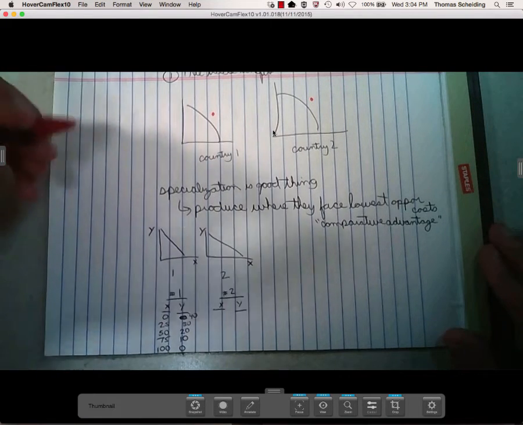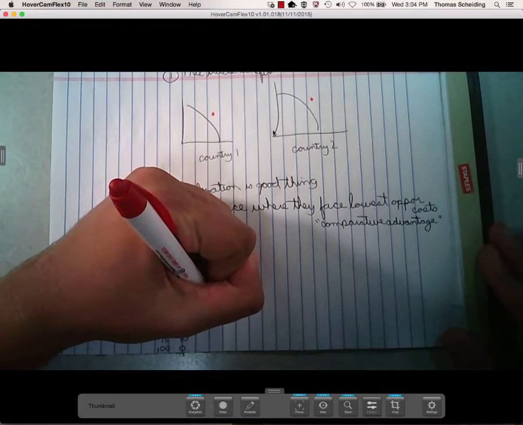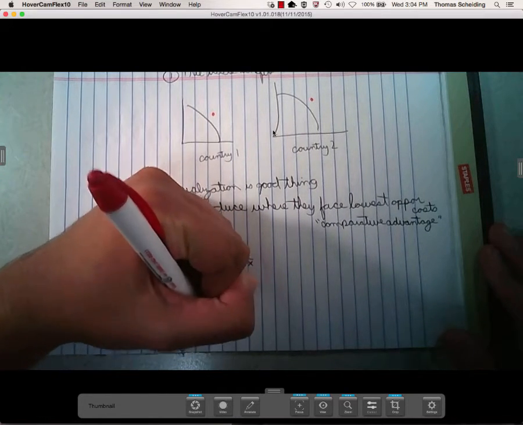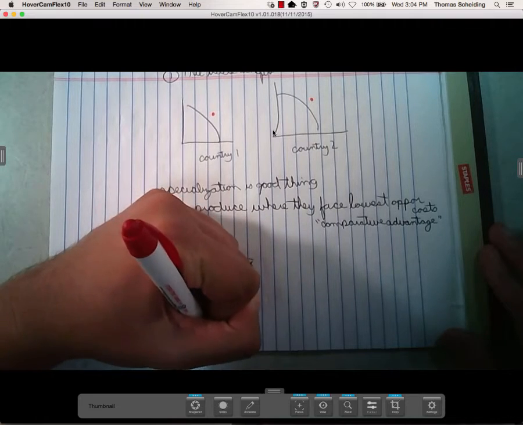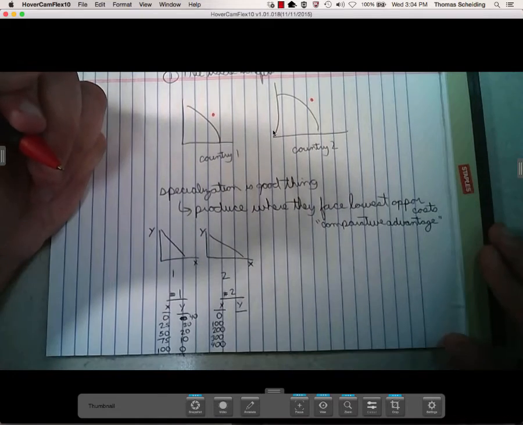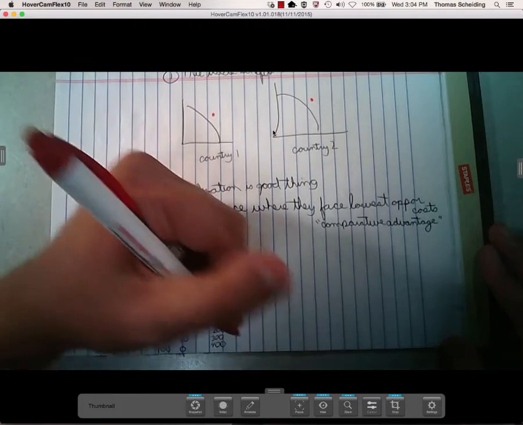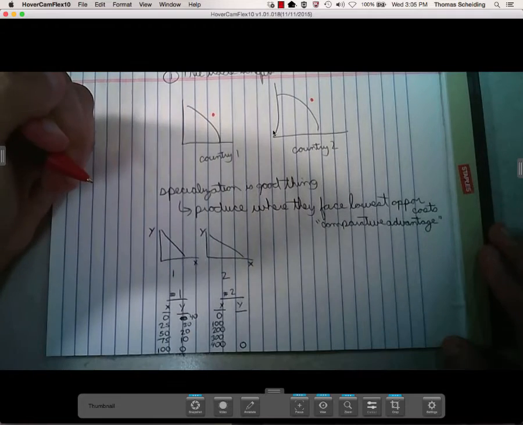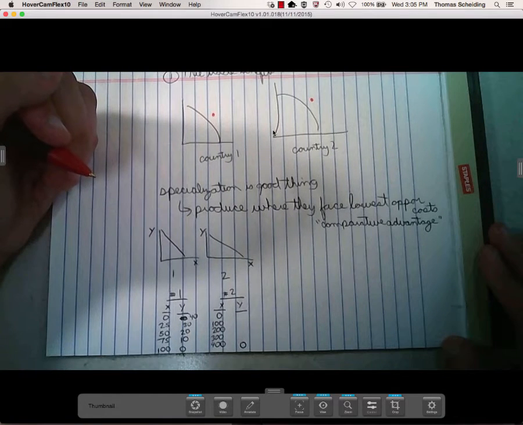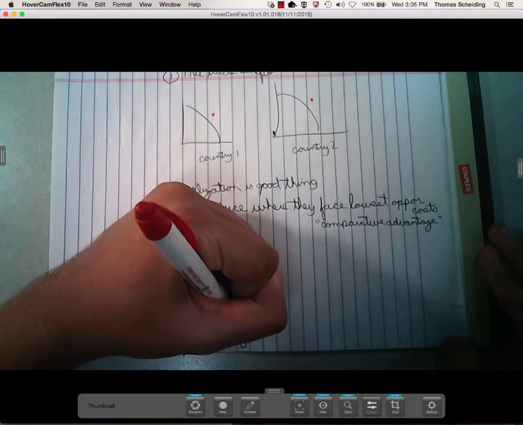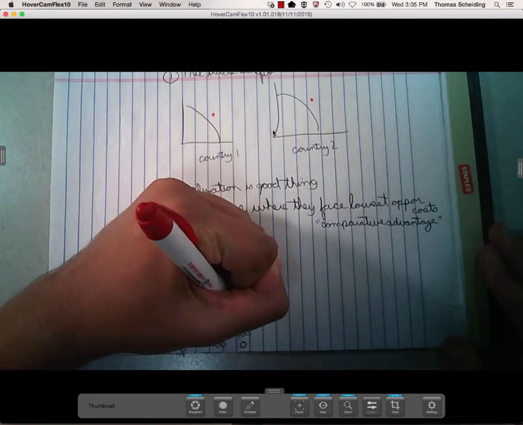And for country 2, let's say that it's 0, 100, 200, 300, 400, and then 0, 100, 200, 300, 400.